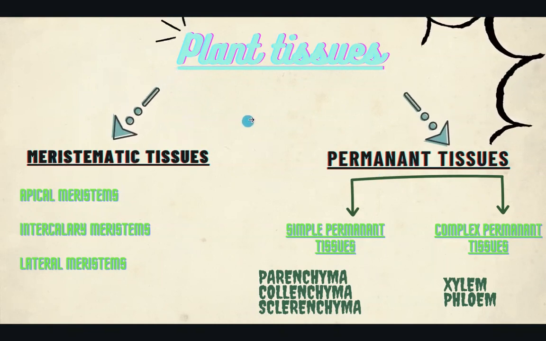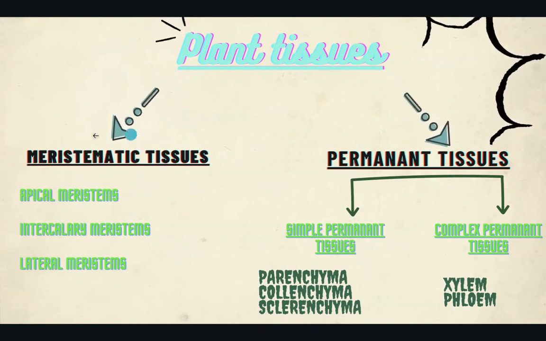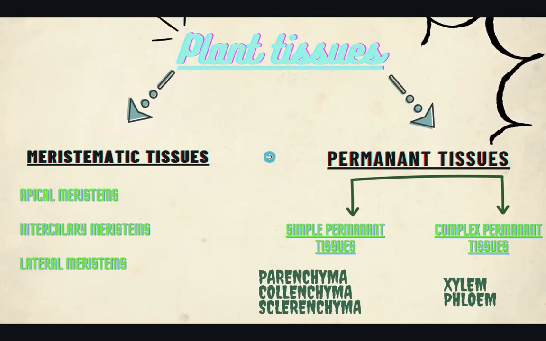As we said, the plant tissues can be divided according to the ability of cell division and the function they perform. Well, meristematic tissues, simply we can say, have active division. They can actively divide by mitosis to perform specific functions in the plant body.